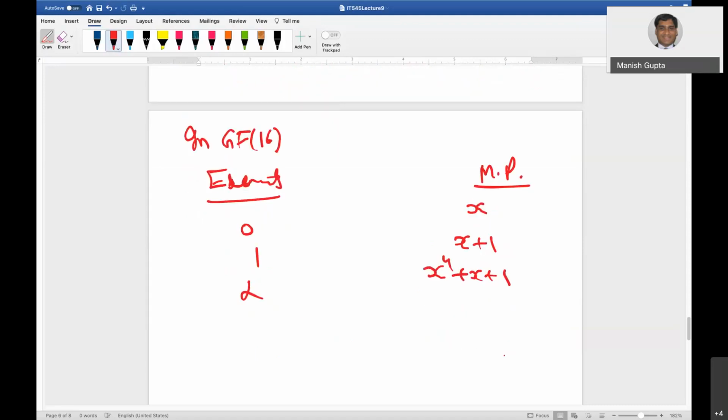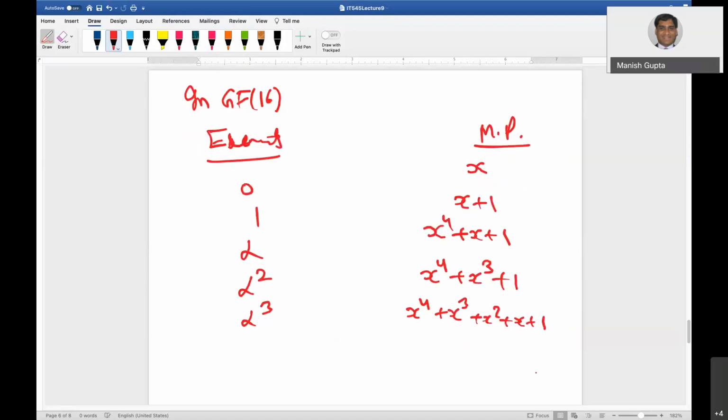Alpha square, minimal polynomial is x raised to power 4 plus x cube plus 1. Alpha cube, minimal polynomial is x raised to power 4 plus x cube plus x square plus x plus 1. And alpha raised to power 5, polynomial is x square plus x plus 1.